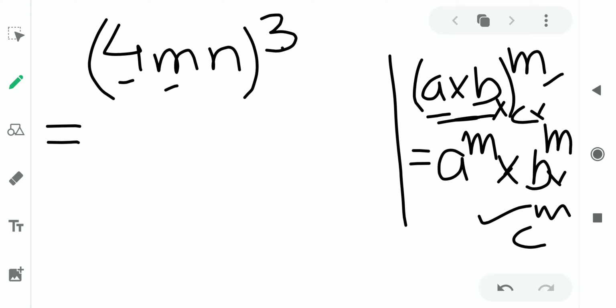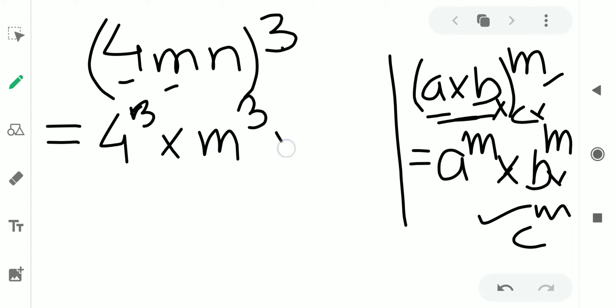So as per this formula, it will be 4 cube into m cube into n cube, because we have three terms, 4, m and n. So this 3 will go with each of these terms, that is 4 cube into m cube into n cube.